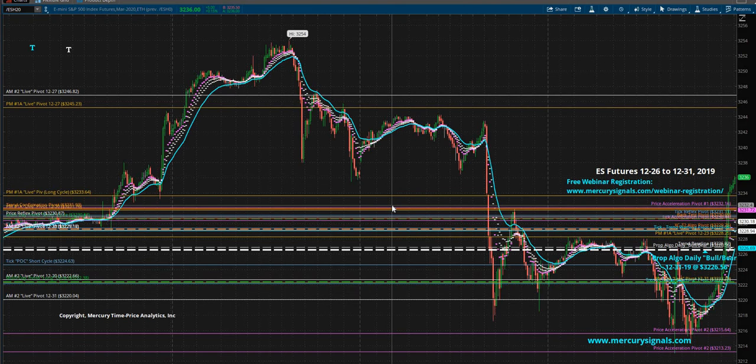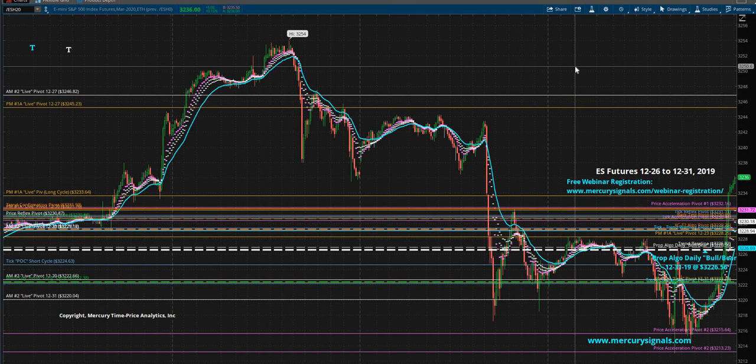But what they are is they're proprietary mathematical algorithms. We never draw support and resistance lines on charts, ever, period, end of story, because that's not what the algorithms do. Every line you see on any chart that we ever put out, that pivot level is generated mathematically through our proprietary time price analytics.